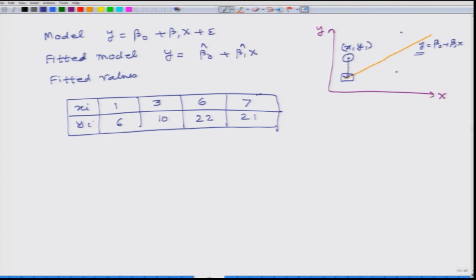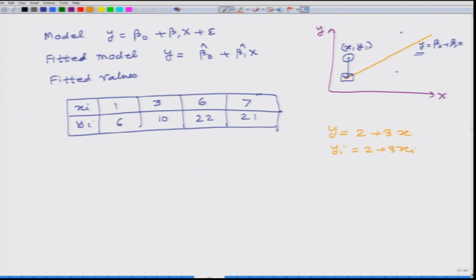And now, suppose after fitting the model, after obtaining the values of beta 0 hat and beta 1 hat on the basis of these 4 pairs of observations, I get a model y is equal to 2 plus 3x. So, all these xi, yi are also going to satisfy this model.